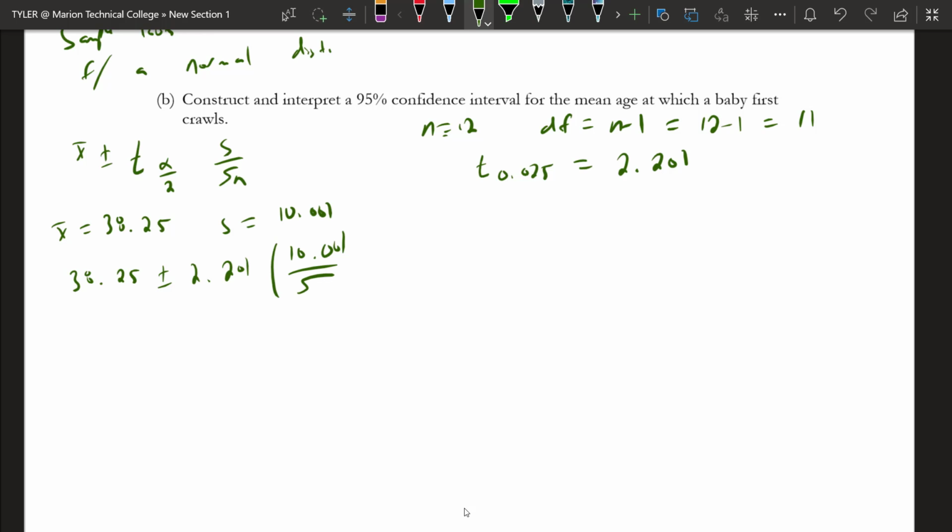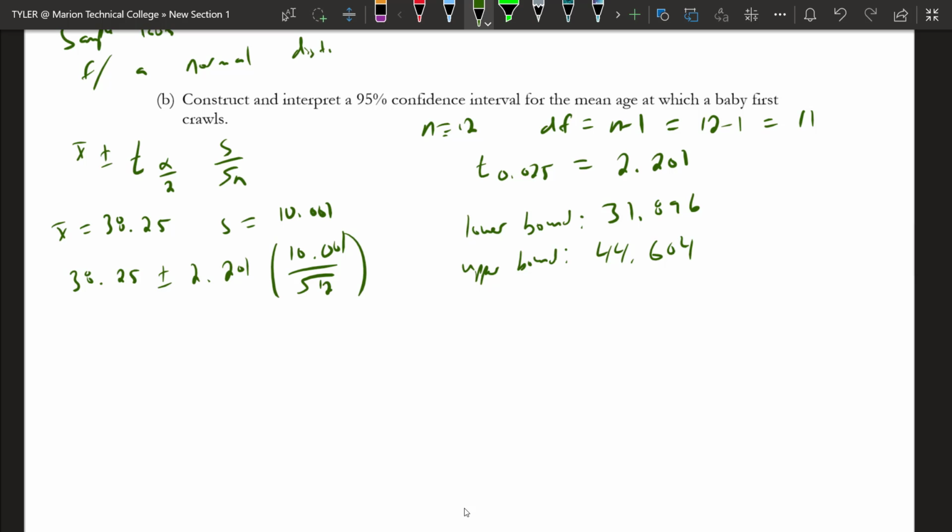Right, I'm going to use that to get my lower and upper bound. Right, so then if you plug that in your calculator, you get 31.896 for the lower and 44.604 for the upper. Right.